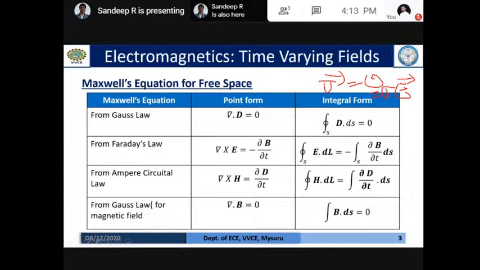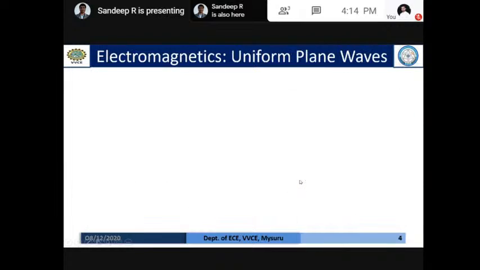The conductivity of free space is 0, sigma is 0. So J becomes 0. So the only difference for free space in Maxwell's equations is that in this expression J, the current density, will not be present, and here rho V is equal to 0. The rest all remains the same.